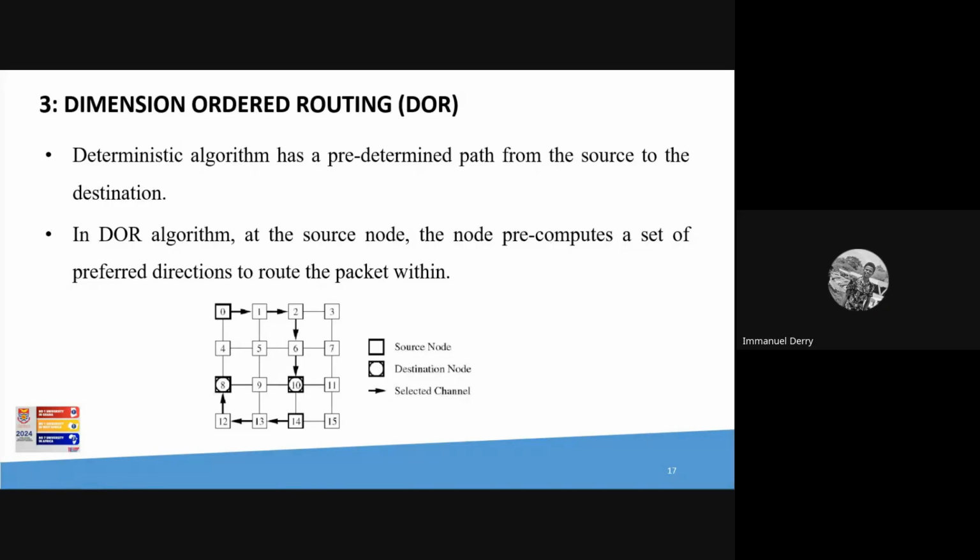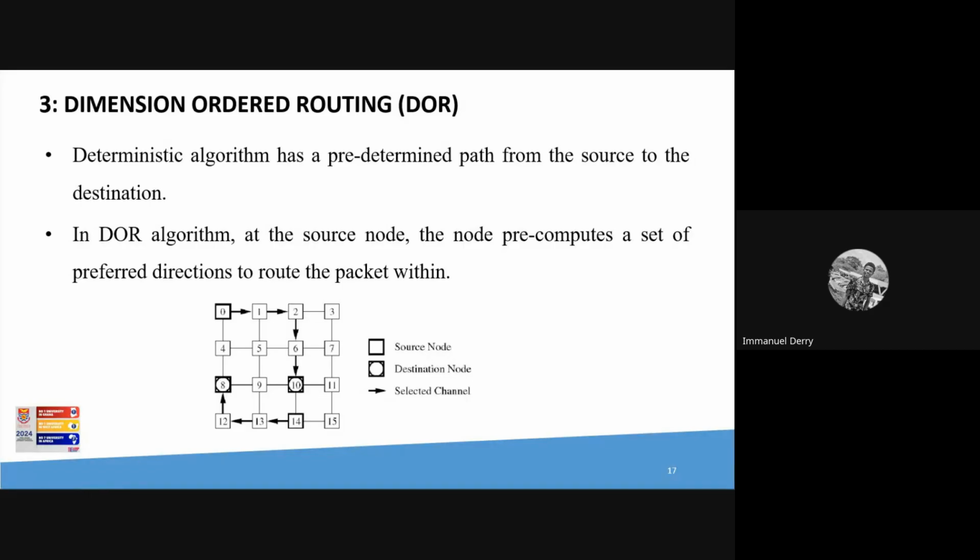All right, so let's talk about dimension ordered routing. As I said earlier, this is a deterministic algorithm which has a predetermined path from the source to the destination. In the DOR algorithm, at the source node, the node pre-computes a set of predefined preferred directions within which to route the packet.